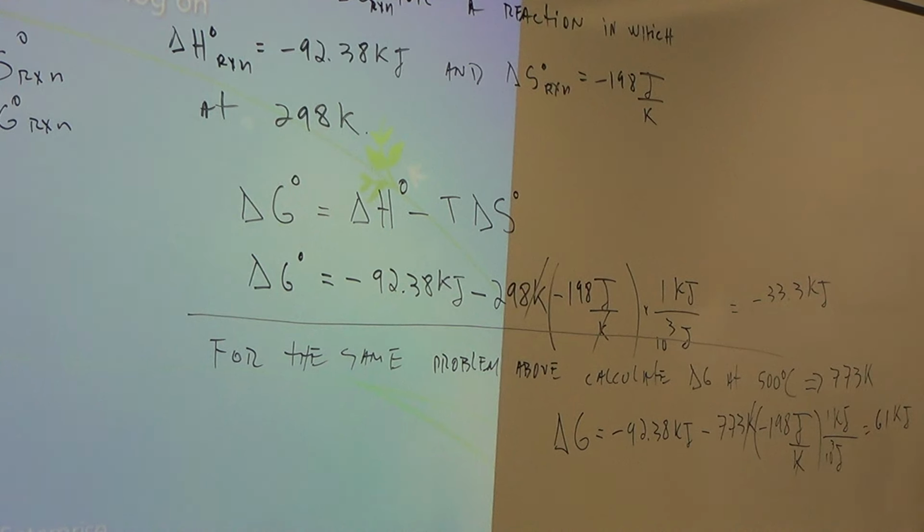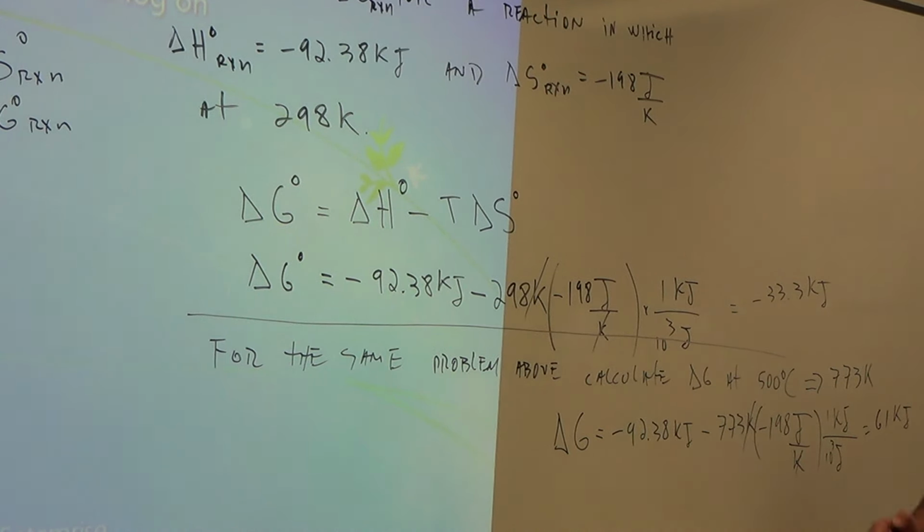Tell me, as far as the sign is concerned, this is what? Spontaneous or non-spontaneous? I can tell it's negative. Spontaneous. Yeah, you guys have not studied it, that's okay. Negative means spontaneous. Negative is a good thing for delta G. Positive means non-spontaneous.